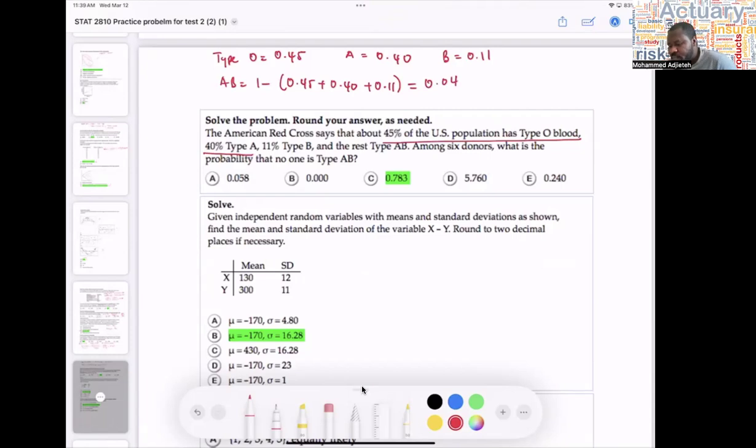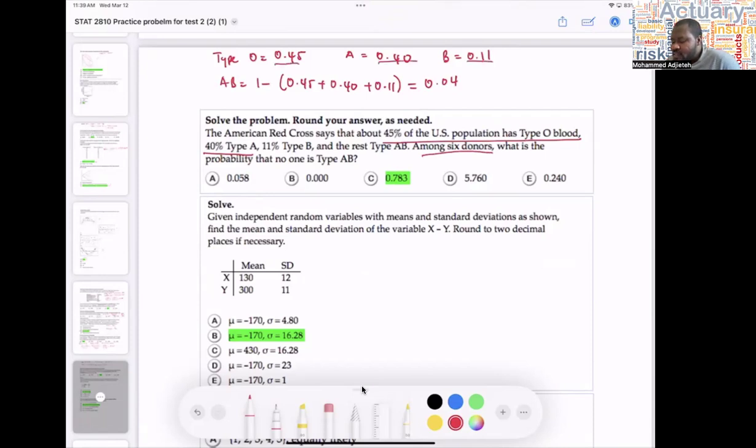Now, we are told that among 6 donors, what is the probability that no one is type AB? So what's the probability of you not being a type AB? We just add this one plus this plus that.